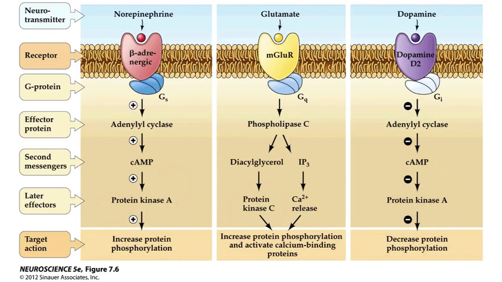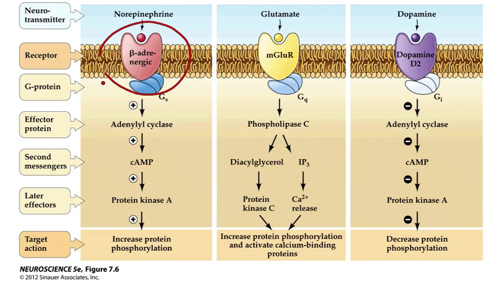Here's some specific examples. Receptors for many of the biogenic amines, such as dopamine, norepinephrine, serotonin, interact with G protein coupled receptors. Illustrated to the left is the beta adrenergic receptor for norepinephrine.